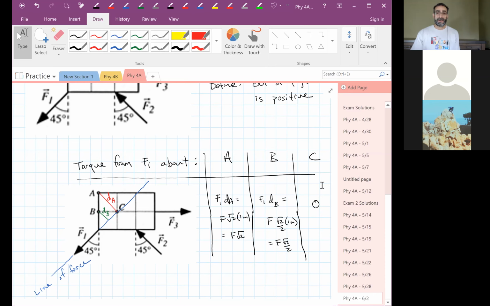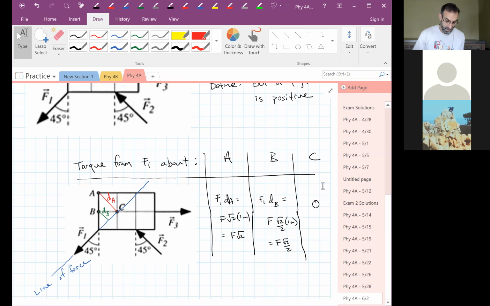Cause it to go clockwise or counterclockwise? F1 about axis A would cause it to go clockwise, right?